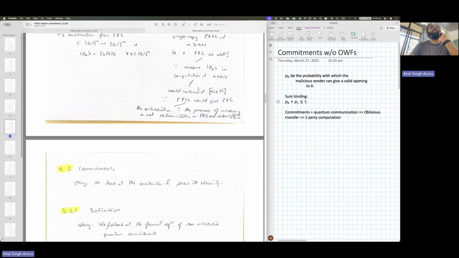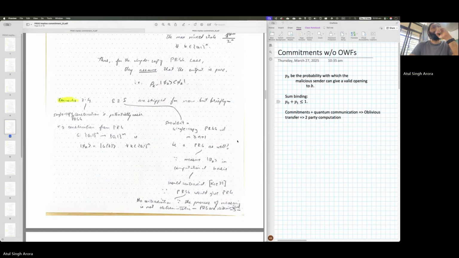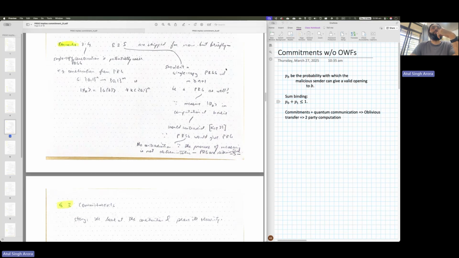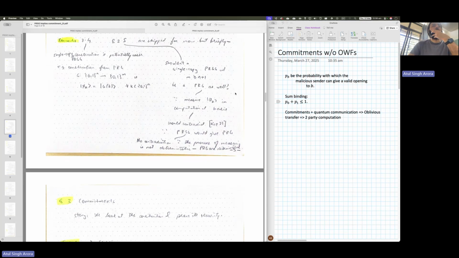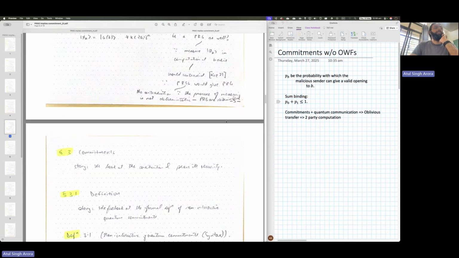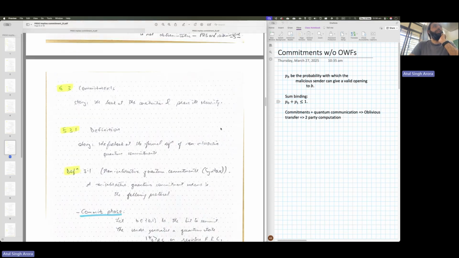This seems to contradict Kretschmer, which was saying that PRSGs can exist even if PRGs don't exist, and seems to suggest that PRSGs imply PRGs. But this is not actually true, and the reason is that the process of measurement is non-deterministic, while PRGs are deterministic functions. That's the small remark that we wanted to make.